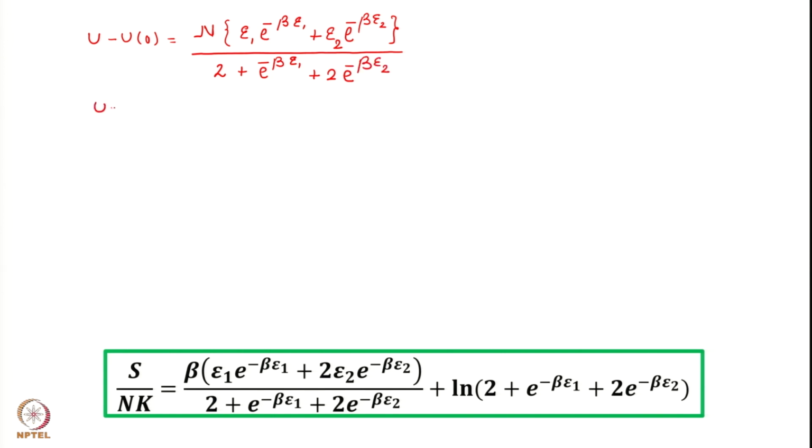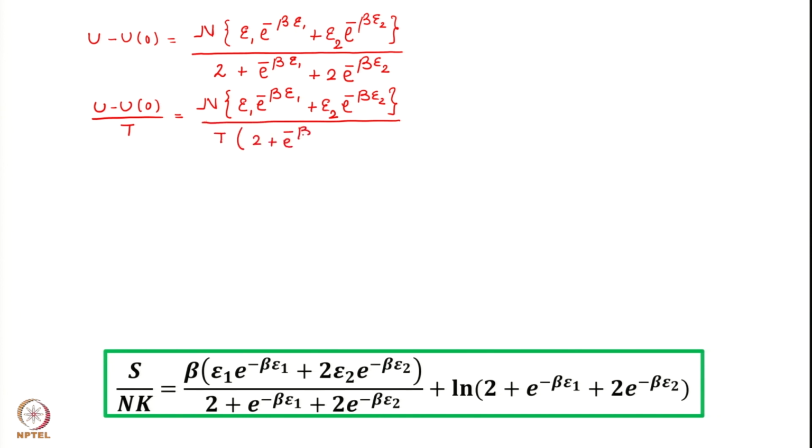U minus U0 by T will be equal to N, E1 exponential minus beta E1 plus E2 exponential minus beta E2, divided by T into 2 plus exponential minus beta E1 plus 2 exponential minus beta E2.